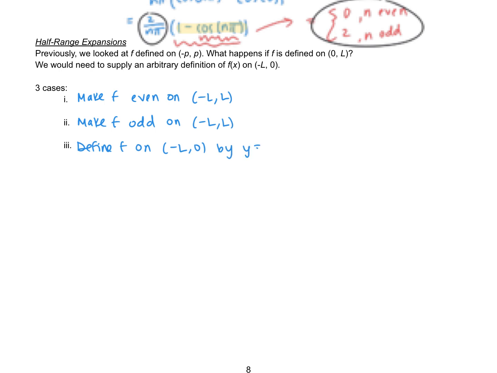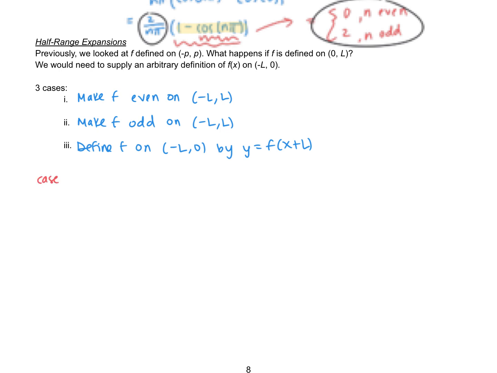There are 3 different cases for how we can handle the expansion. We can make f even on the interval negative L to L, or we can make f odd on the interval negative L to L, or lastly, we can define f on negative L to 0 by allowing y to be f of x add L. Let's look geometrically at what all of these mean.